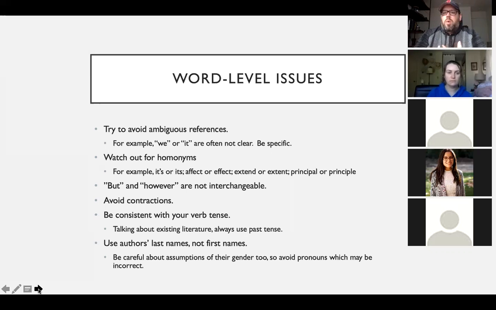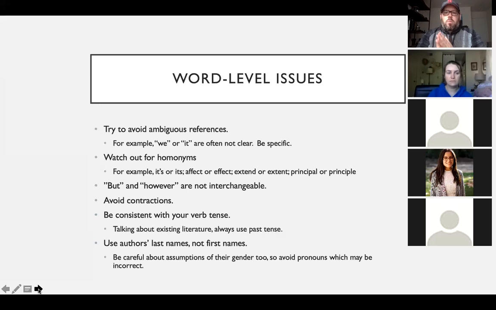But essentially, we want to try to avoid using those words because oftentimes it can be misleading or confusing to the reader about who we're talking about. Additionally, as you write any paper in our program, while we know that you're writing it for your faculty member, really you should never assume that you know who the reader is. So you want to be as explicit and specific as possible.